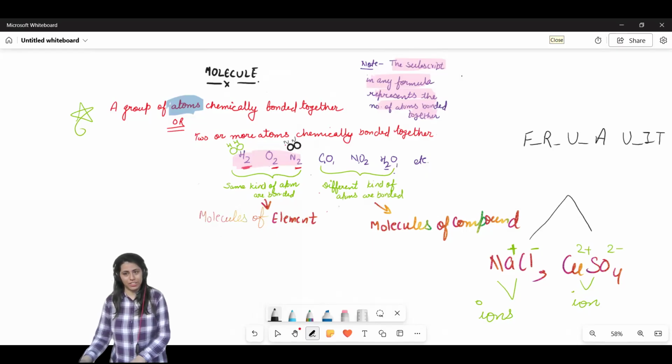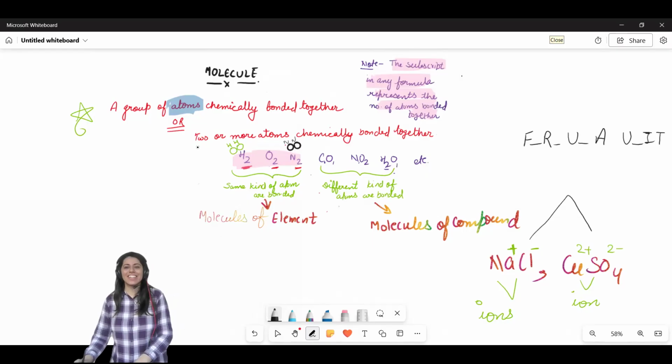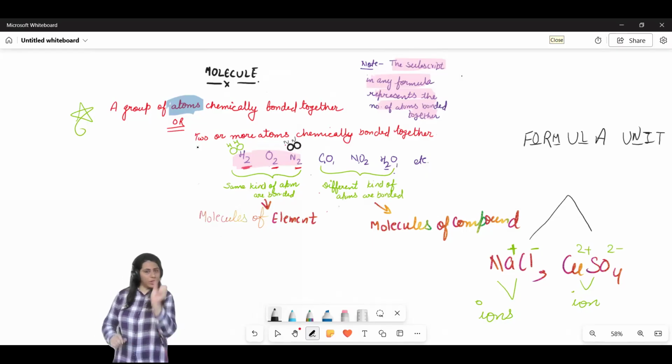Come on, think about it and tell me. If some of you are thinking it's formula unit, that's 100% correct. In the case of ionic compounds, one small unit of the substance is called a formula unit, not a molecule.